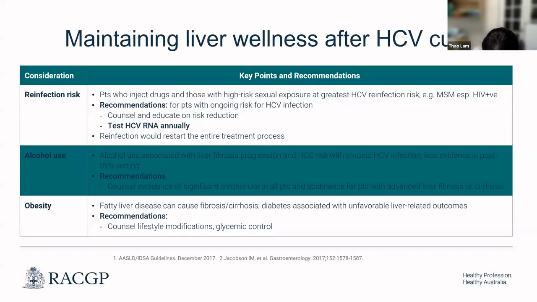It's important to manage metabolic risk factors aggressively, as fatty liver disease can itself be associated with unfavorable liver-related outcomes. For people who have hepatitis C genotype 3, there's a particular risk of having fatty liver disease associated with their viral infection. So offer counselling on lifestyle modification, and ensure those with diabetes have good glycemic control.